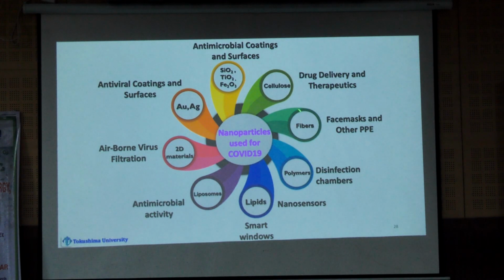Each nanoparticle exhibits certain properties, and that property can have a different application. So based on the property, their application is designed, and after designing the application, the real world is ready to accept those devices. So this is the application of nanoparticles used during COVID-19.